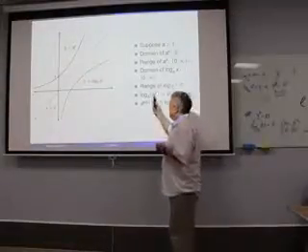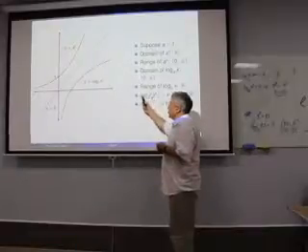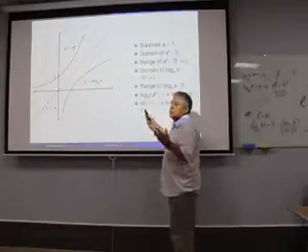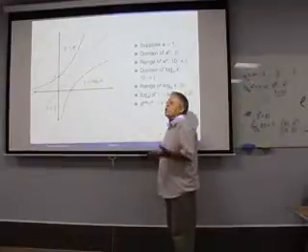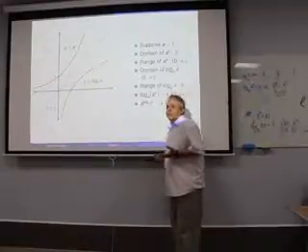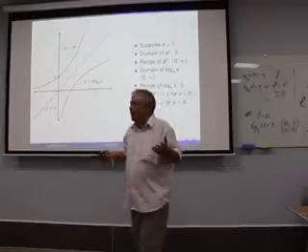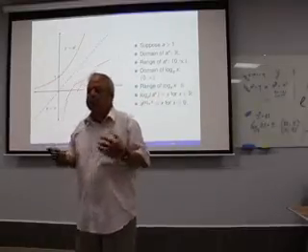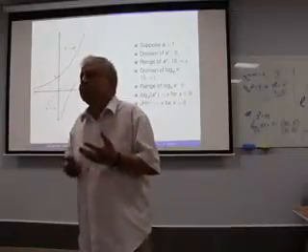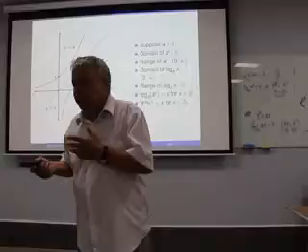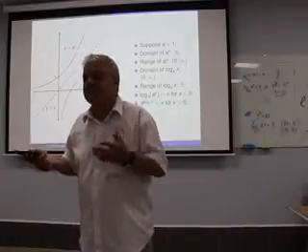Remember, the inverse of the exponential is the logarithm. What is the inverse of the logarithmic function? The exponential. It's like we have a married couple. And what was that word that means the opposite of the couple? Fiancé.